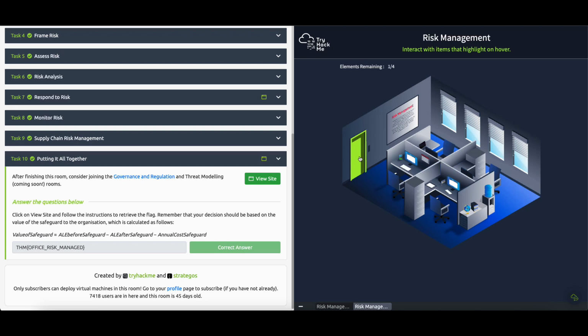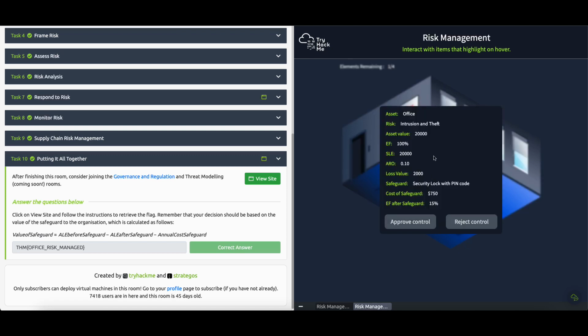And let's finally click on the door. Loss value is $2,000 and cost of safeguard is $750, and EF after safeguard, as you can see, we decreased exposure factor after we implement a safeguard.